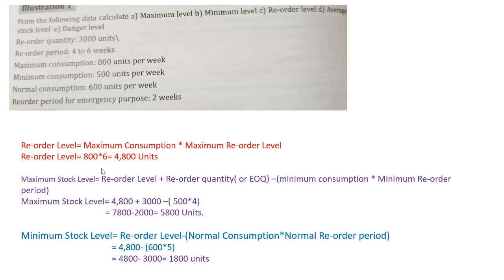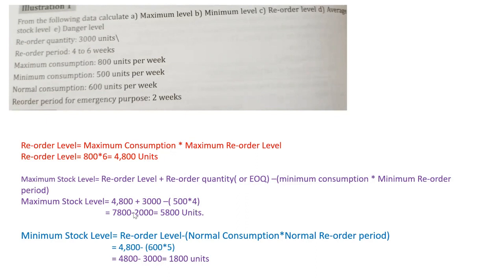Okay. So here we have calculated the reorder level, which is 4,800, plus reorder quantity. See, here they have mentioned reorder quantity. So reorder quantity we have mentioned, minus how much is the minimum consumption? Minimum consumption per week is 500, into minimum reorder level, how much? 4.